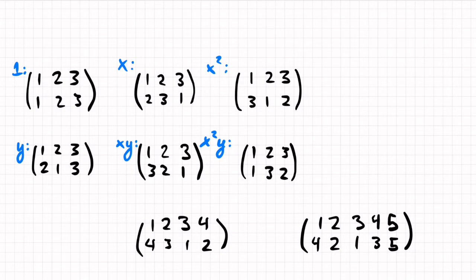The way we'll notate it is we'll call permutations of 3 elements members of S3, S3 being defined to be the group of permutations of the set 1, 2, and 3.